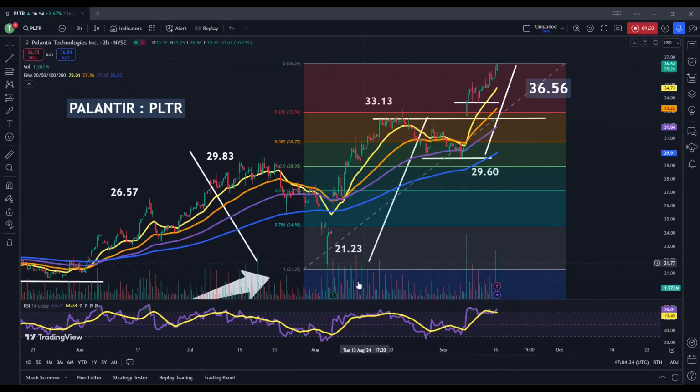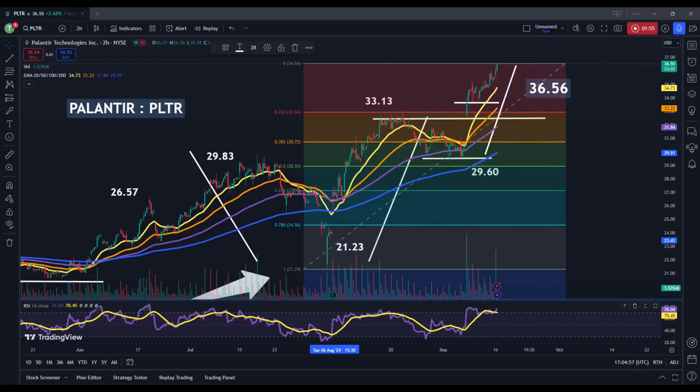This, of course, does follow these prior price movements, which were generated from the August 5th lows, coming in at 21.23. So this movement higher is significant because it shows that the stock is able to move higher in a series of trend waves in the bullish direction.